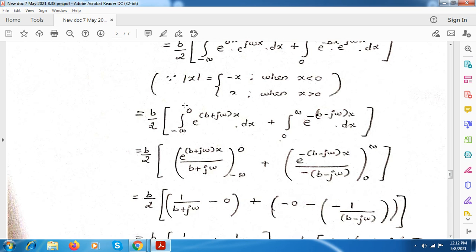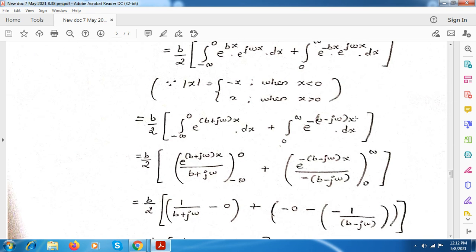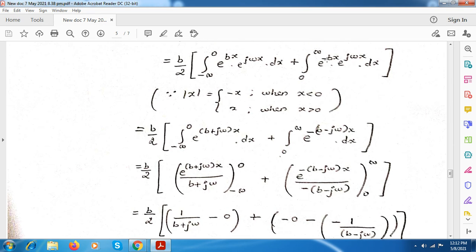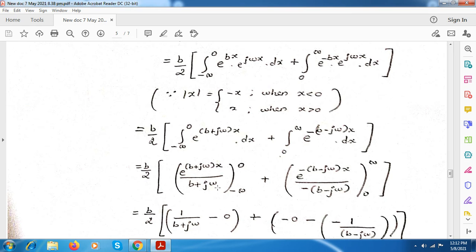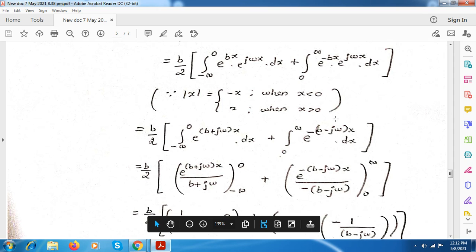Here it is minus infinity to 0 e to the power of b plus j omega into x into dx, and integration 0 to infinity e raised to minus b minus j omega into x. Here this minus is also taken outside. So this will be integration of e raised to b plus j omega into x divided by b plus j omega. Here also it will be the same, but here we get the minus sign.